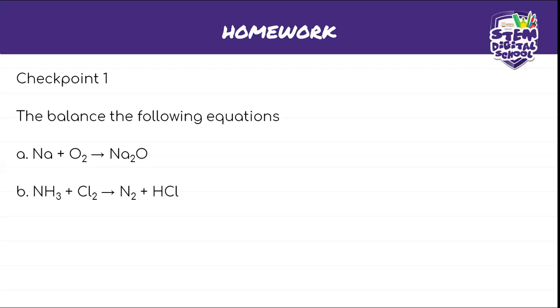Similarly in B, we have got ammonia gas reacting with chlorine gas to give us nitrogen gas and then hydrochloric acid. So you have to check again. On the left-hand side, nitrogen is 1. On the right-hand side, nitrogen is 2. On the right-hand side, hydrogen is 1, and on the left-hand side, hydrogen is 3.